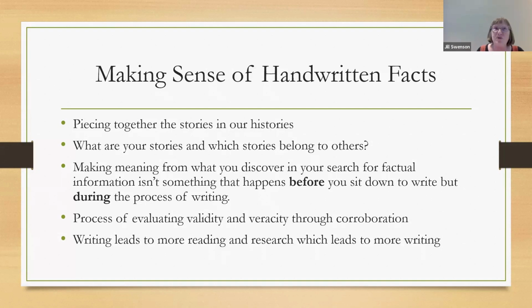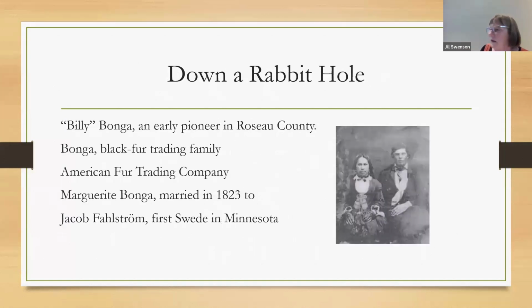In trying to do that, you go down some really interesting rabbit holes, and I want to share one of those rabbit holes I've been down with you. I'm reading handwritten accounts of a family finding their way to the homestead near Roseau, Minnesota. And I read that this family got lost. Of course, they'd never been to their homestead before, right? It's just a place on a map.